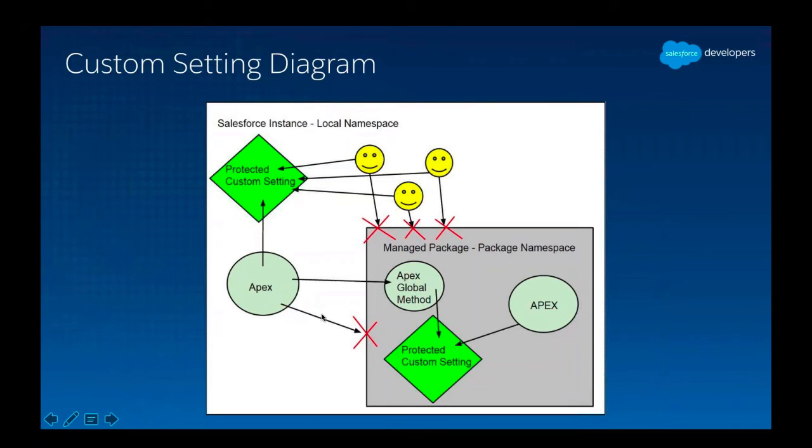And no Apex call made from your org will have access to it. Only the Apex code inside that managed package will have access to your protected custom setting. What you can do is you can write a global Apex method which will be available to an Apex code running inside your own org, and that will make a call to handle these protected custom settings. So what you need to understand here is if you create this encapsulation for your protected custom setting, then it will be secured from all the users of your own org.